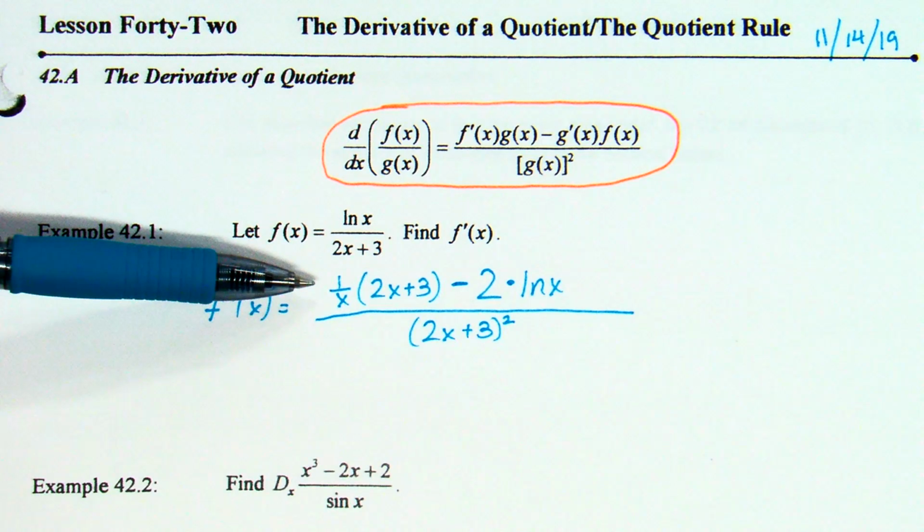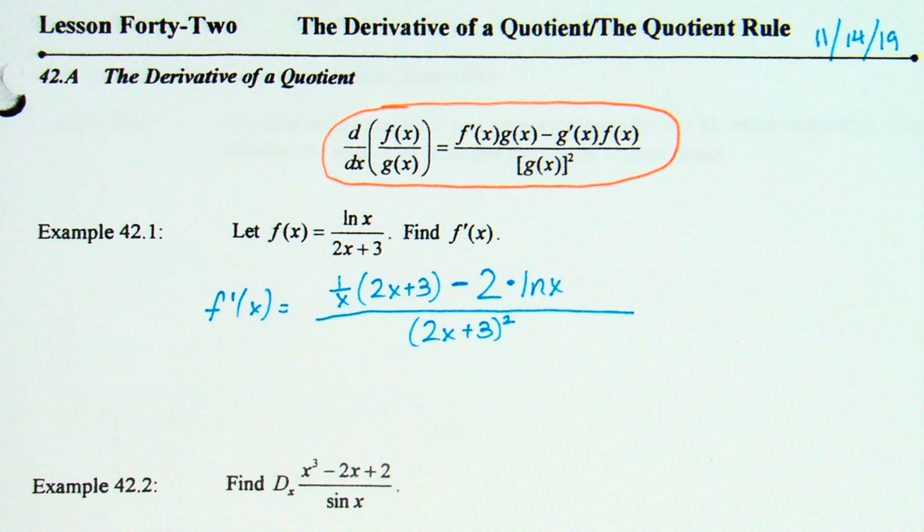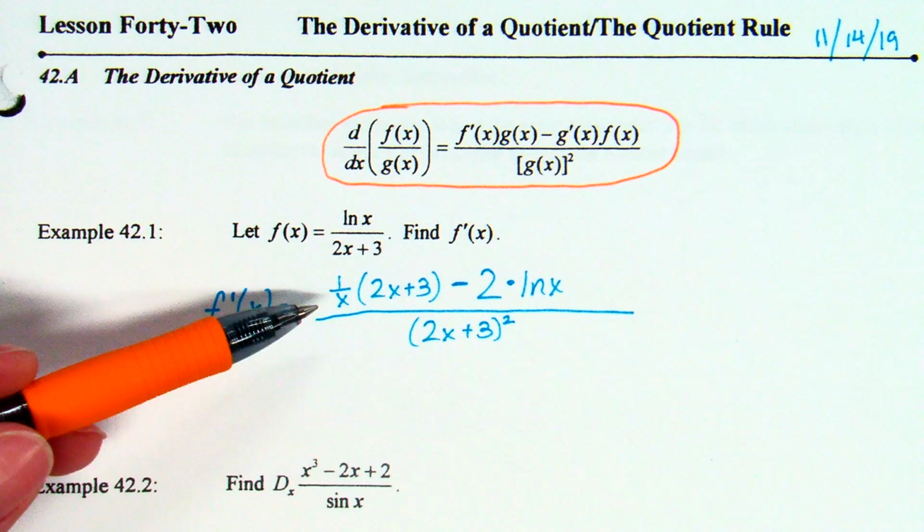That's generally not accepted, and you won't usually see that. In this case, I have this 1 over x. If I multiply it into 2x, it would go away. But if I multiply it into 3, it's not going to go away. To get rid of a denominator of x, you multiply by x.